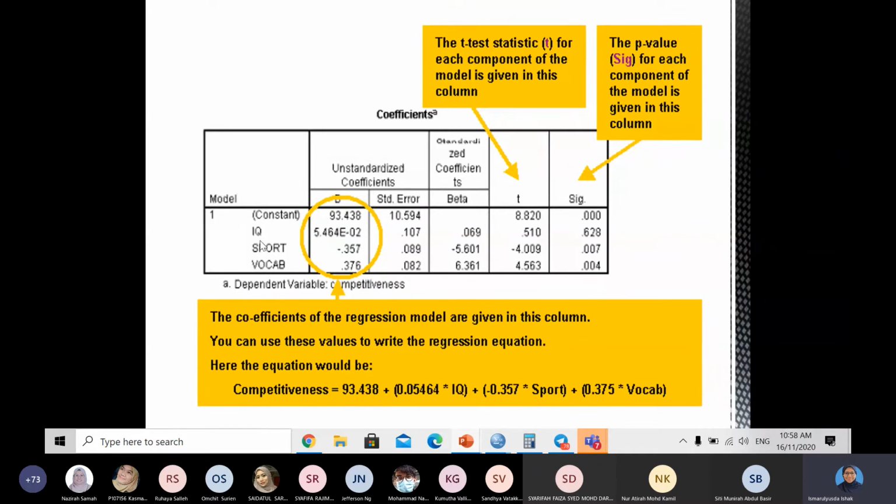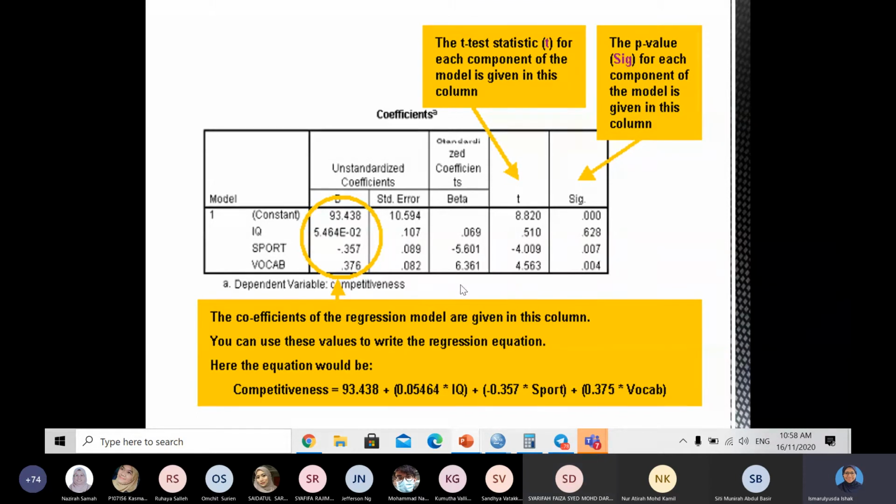Which one from sport and vocab has the highest influence? Look at the standardized coefficients, the beta. Which variable shows the highest value?